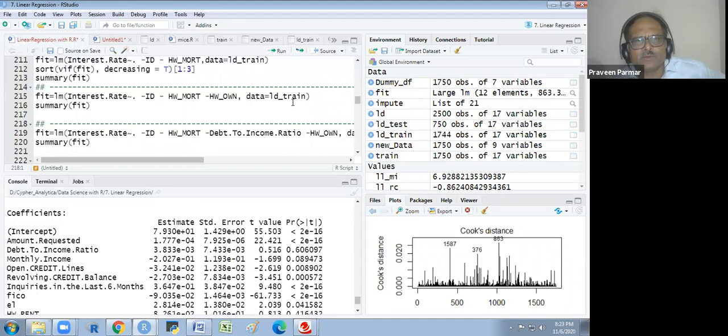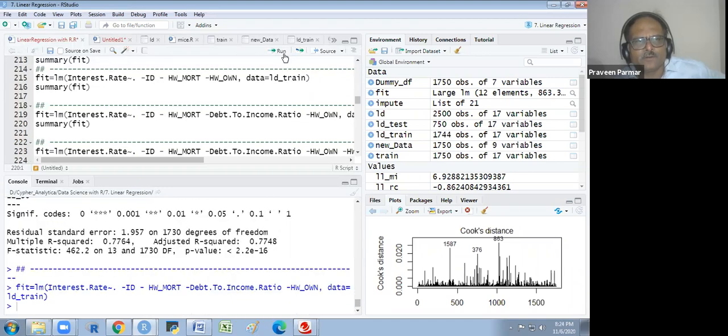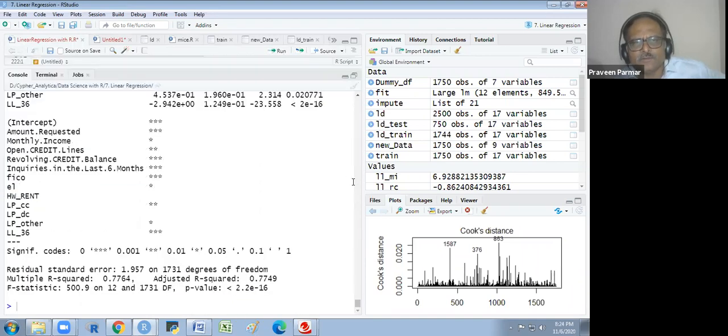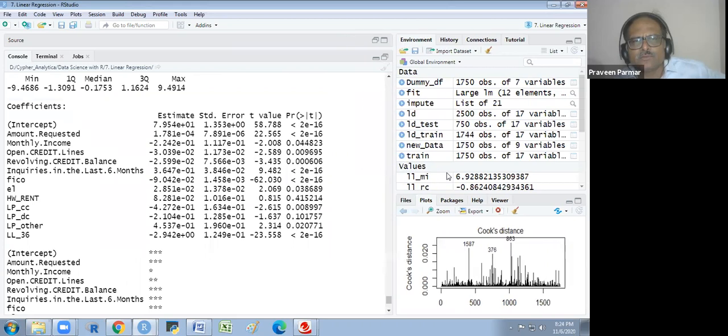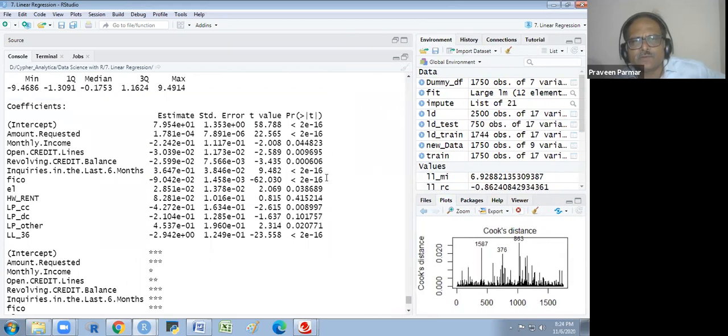So that is the debt to income ratio. And then we see the summary. Then we are getting this, it should increase this. So next time we could get that 0.41 house rent.